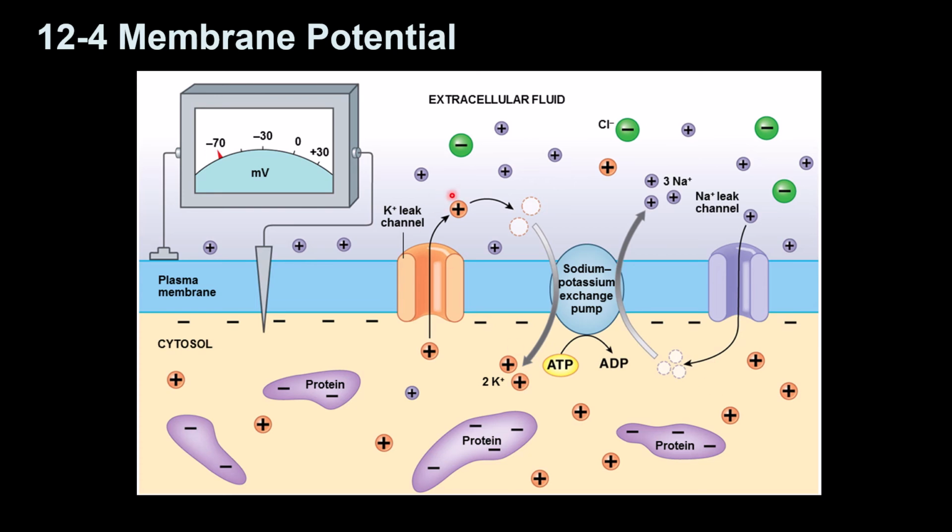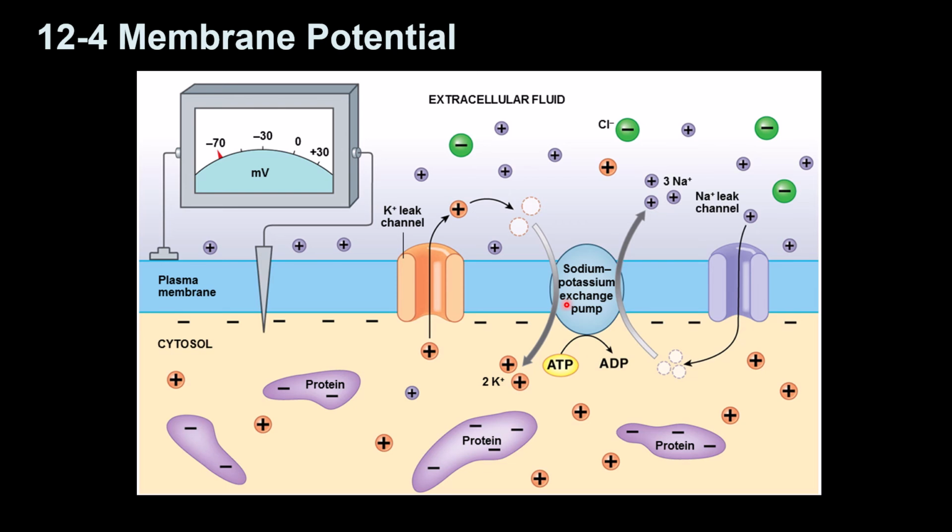But you have something else here that's called the sodium potassium pump, or ATPase, that hydrolyzes ATP to ADP and phosphate. So it uses energy, and what it does is bring potassium back into the cell, 2 potassium, and kick 3 sodiums out of the cell.